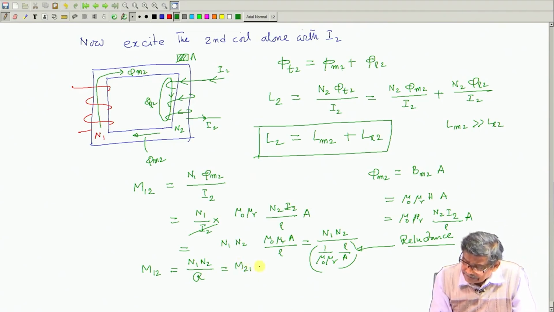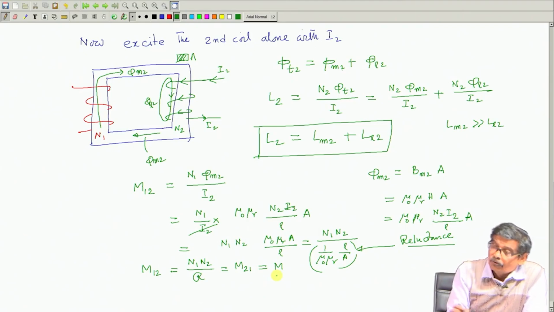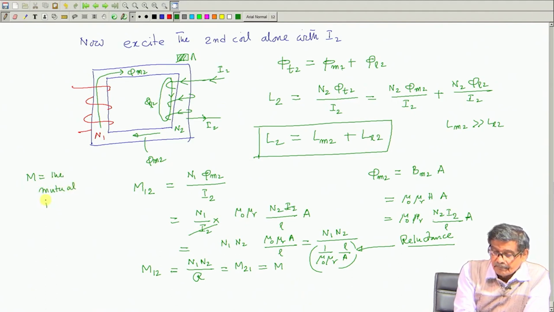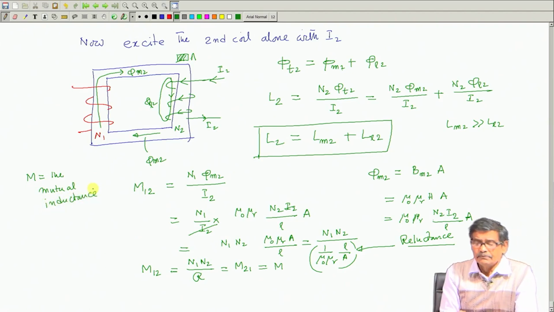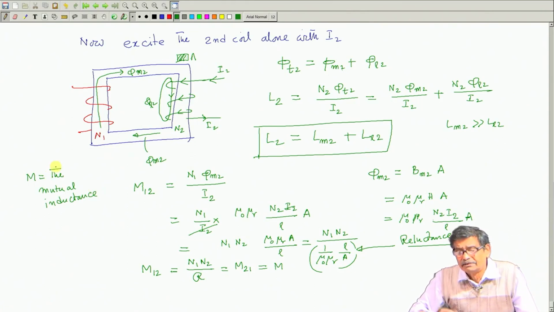And therefore, instead of writing M12 or M21, I now define M by a single variable. So, I say that M is the mutual inductance, which is the same whether you calculate by exciting the first coil and seeing the flux linkage in the second coil, or exciting the second coil and calculating the flux linkage in the first coil. Clear?